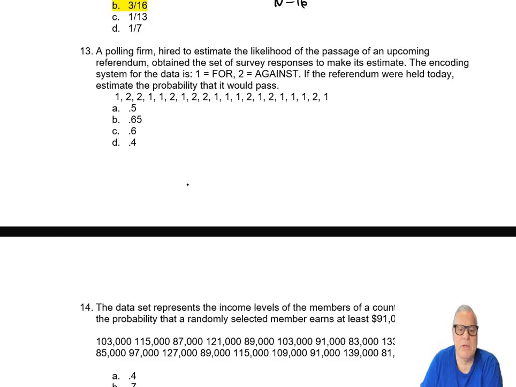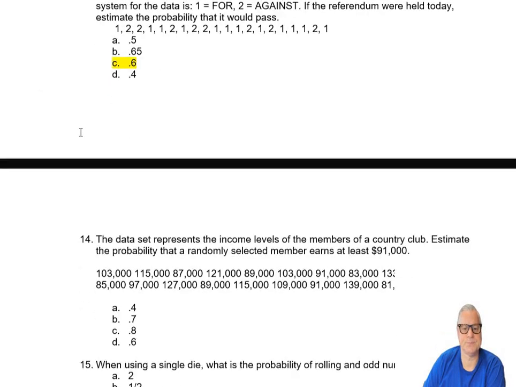So how many do we have in total? 1, 2, 3, up to 20. How many ones do we have? 1, 2, 3, up to 12. So 12 over 20, so that's the same as 6 over 10, or 0.6.